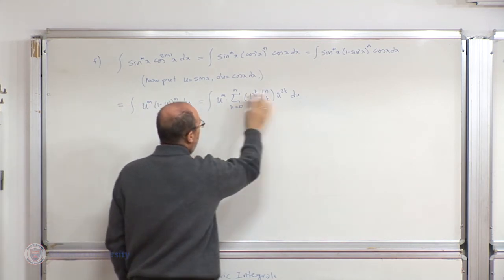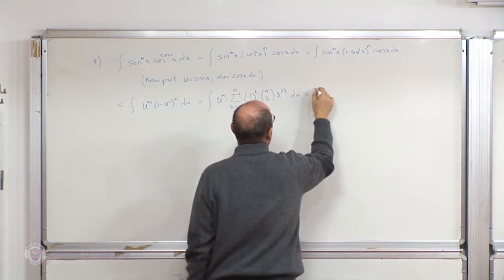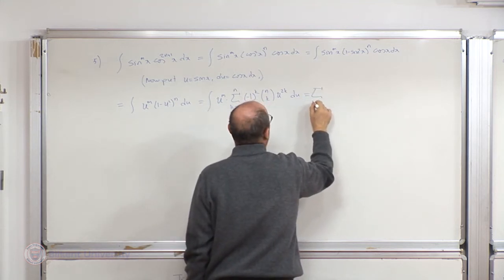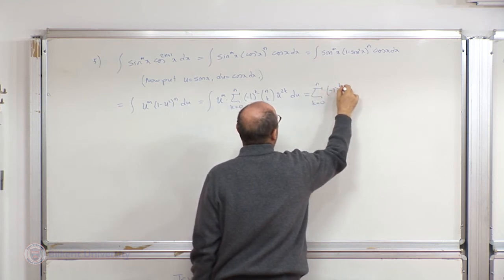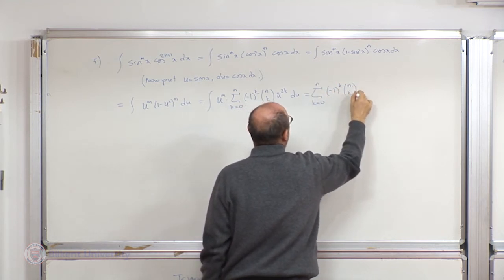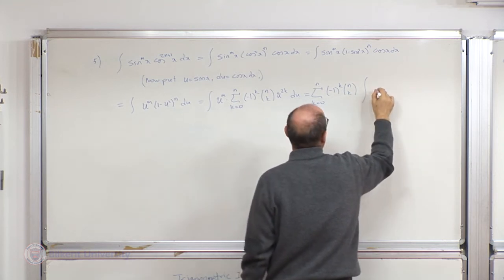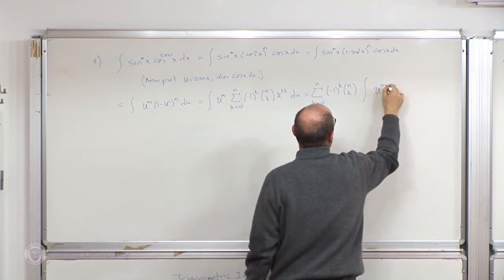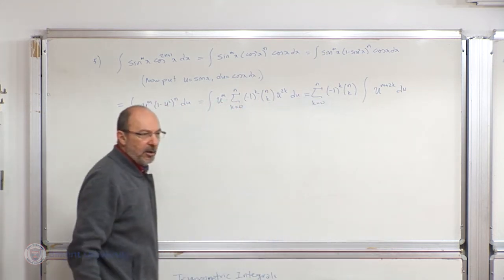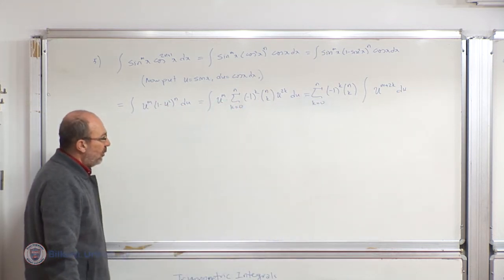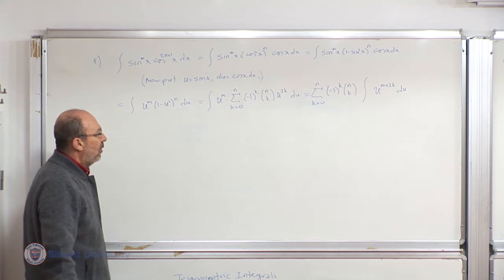Okay, so you see this one suddenly becomes something very easy. The sum from k equals 0 to n minus 1 of (-1)^k, n choose k, integral of u to the power m plus 2k du. Suddenly we have something trivial to integrate.